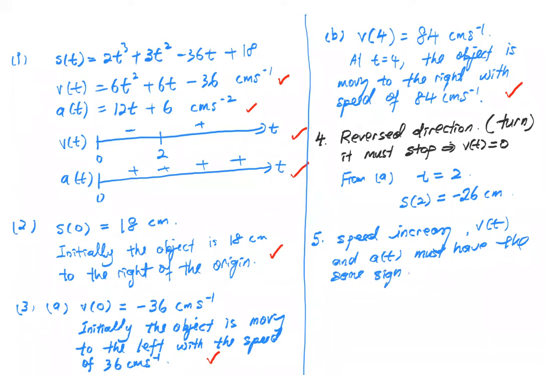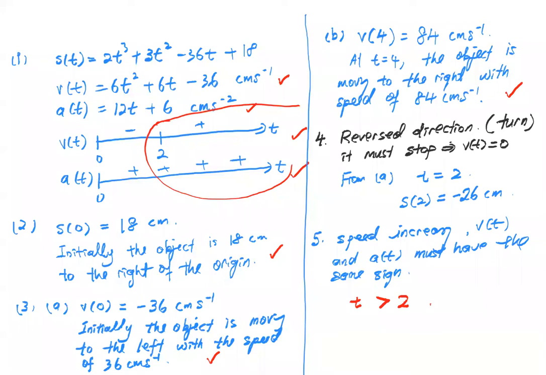So from part A, you choose this region. Am I right? So therefore, t must be greater than 2. So 1 mark. Same sign, both positive or both negative, it doesn't matter. Okay, done with that.